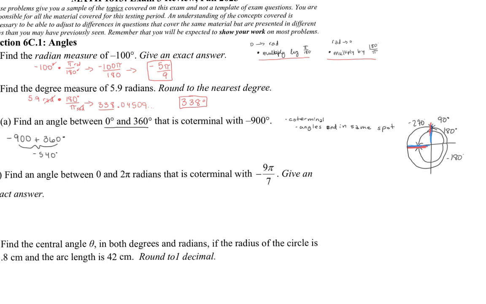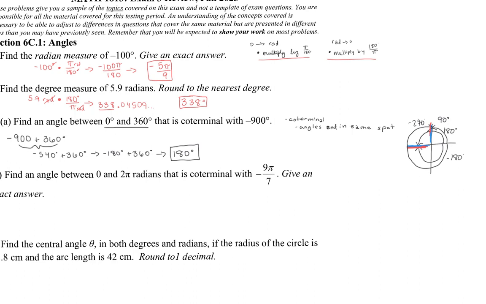So we're still not in our range. So we go ahead and add 360 degrees here. And that'll be negative 180 degrees. Still not in our range, so we add another 360. And we end up with a positive 180 degrees, which is in the range that we wanted. So that is our answer, which means that negative 900 and 180 end in the same spot.